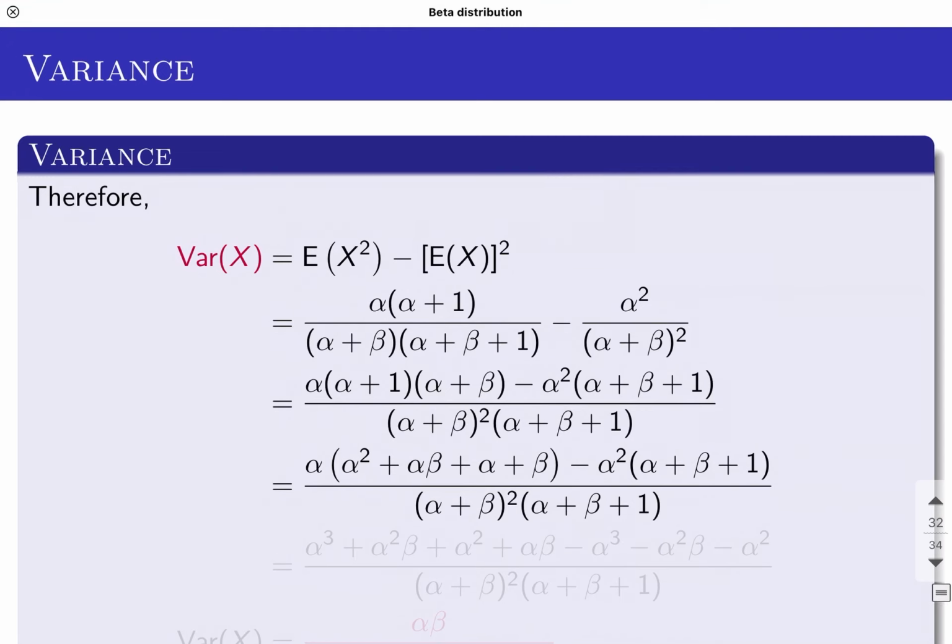We have alpha plus 1 times alpha times alpha plus beta. This one times this one will be alpha squared, this one times this one will be alpha beta, this one times this one will be alpha, and this one times this one will be beta. And the other one is alpha squared times alpha plus beta plus 1.